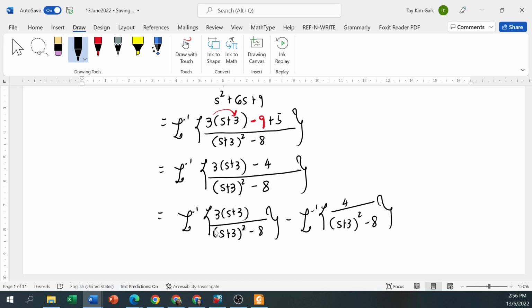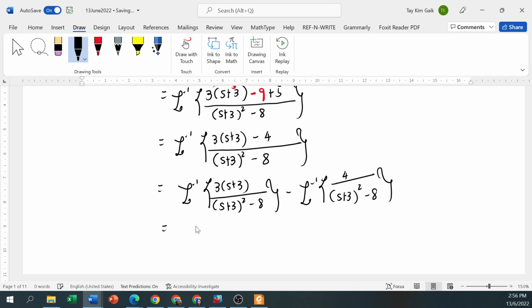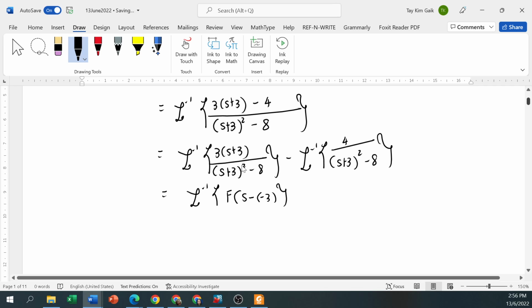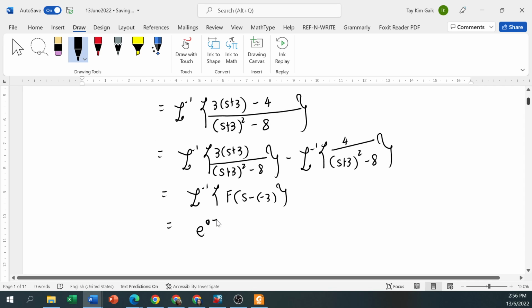Both terms are actually a function of F(s minus a), meaning both terms are the inverse Laplace of F(s) shifted by negative 3. So the answer should have the exponential e to the a t, where in this case a is negative 3.